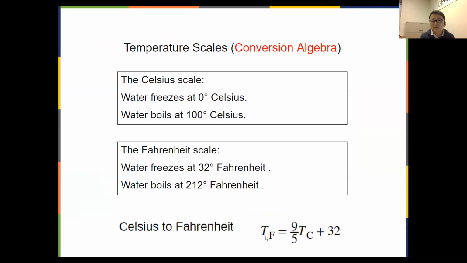You can do the same thing if you are looking for degrees Celsius from the number of degrees Fahrenheit given. So you can work this backwards. Now just treat this as TC, solve for TC in terms of TF.